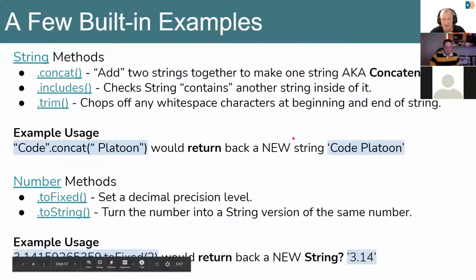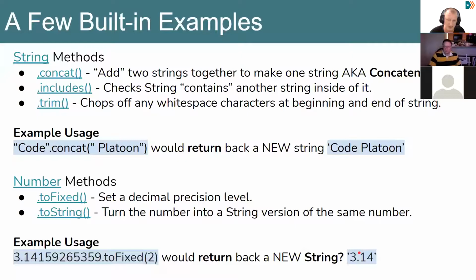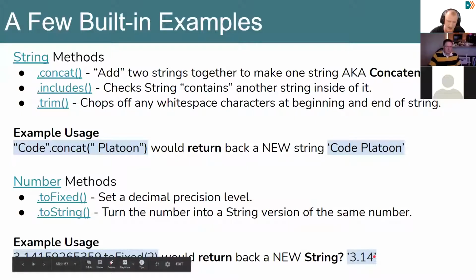I'm positive there's a few ways to do this, but yes, we can explore how to get it back to a number, because this 3.14 as a string is probably not what you wanted to end up with, especially if you're doing a comparison where you said, hey, does this thing equal 3.14 as a number, and you're using strict equals. They're not going to be the same. This string version would give a false comparison.